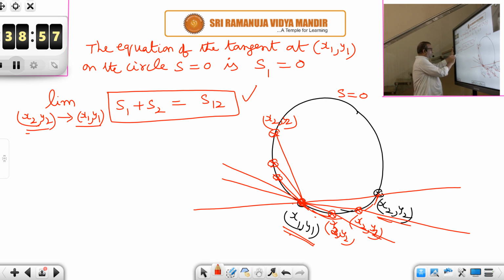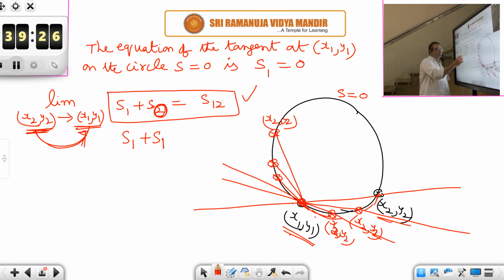So x2 y2 is tending to x1 y1. Finally what happens? x2 y2 coincides with x1 y1, which means the suffix 2 becomes suffix 1. So s1 plus s1, 2 becomes 1 because the point x2 y2 is closing towards x1 y1. What is s2? It is substituting the point x2 y2 in s, is it not? That x2 y2 now becomes x1 y1.